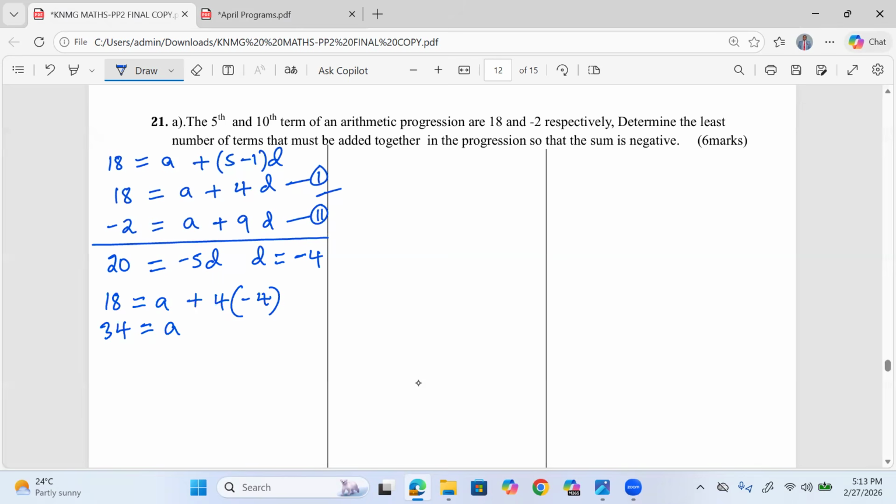So now with this, we are able to talk about addition of terms. When you start adding the terms, it will continue until the terms are negative. We start with 34, minus 4, the next one becomes 30, 26, like that, as you subtract 4.